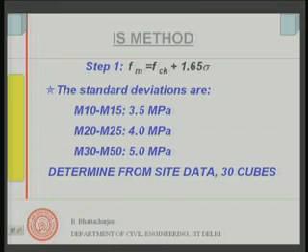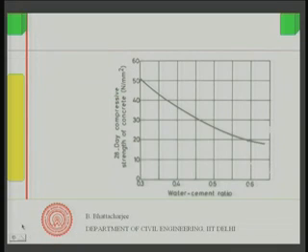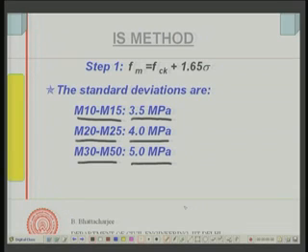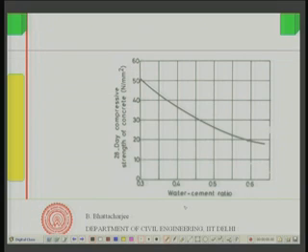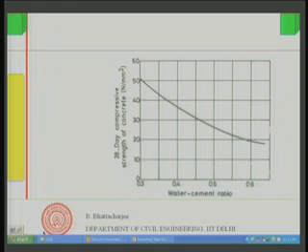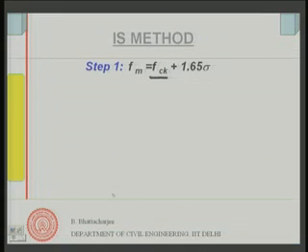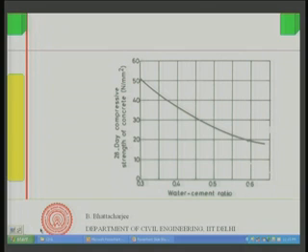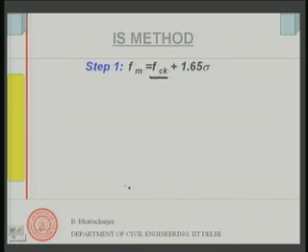The formula was given in the last lecture, but you must have at least 30 sample data, not 30 cubes, 30 sample data, because 30 data ensures that you have a statistically right number of samples.